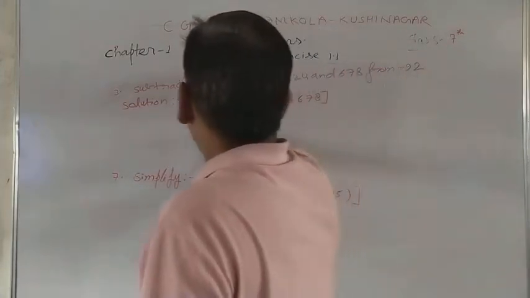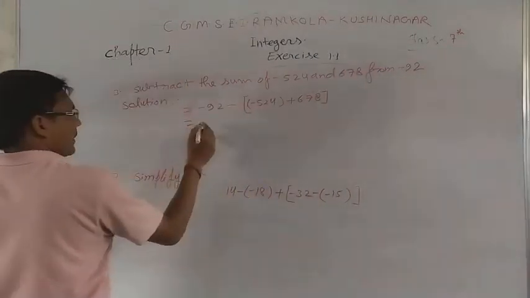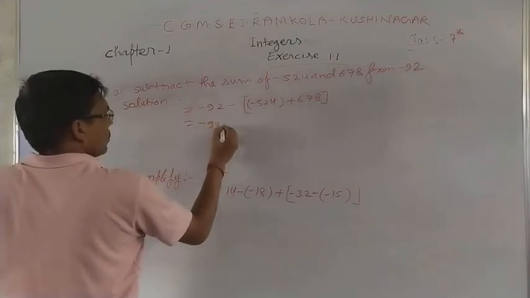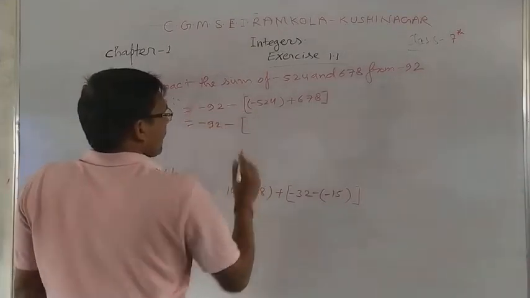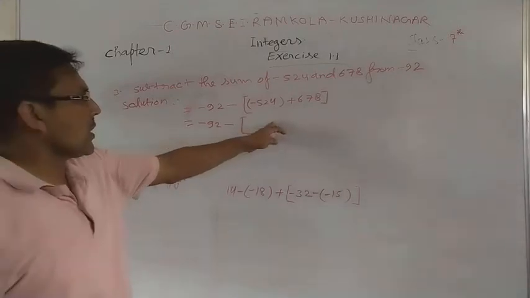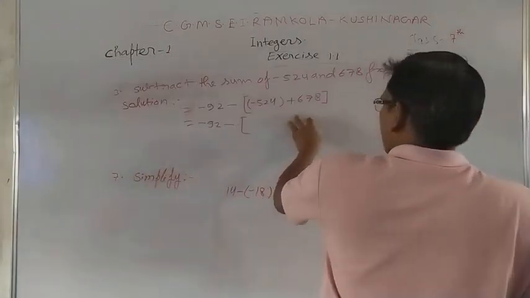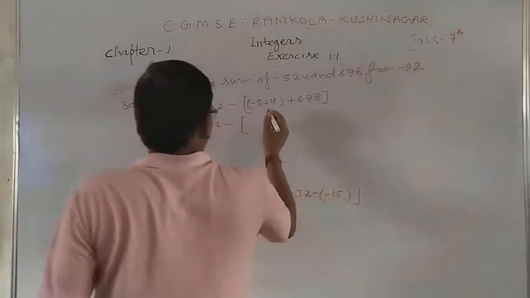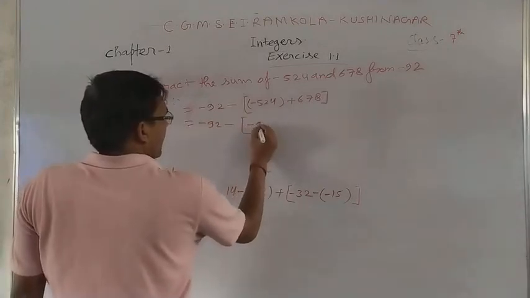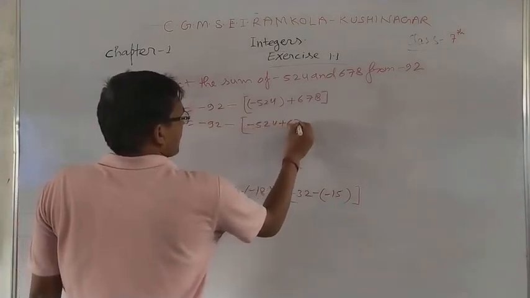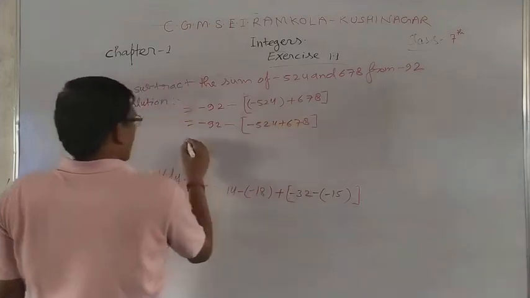First of all, you solve the bracket of integers: minus 524 plus 678.